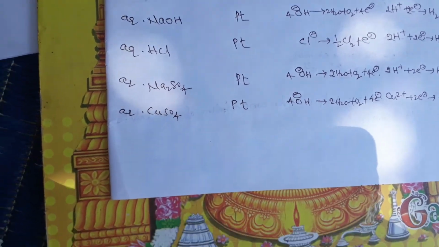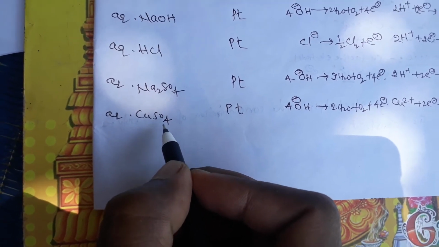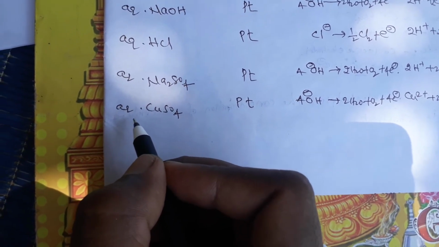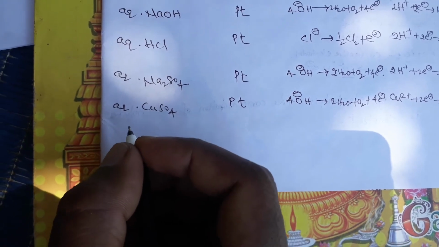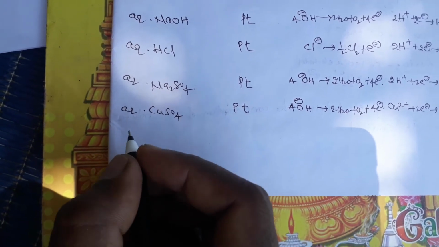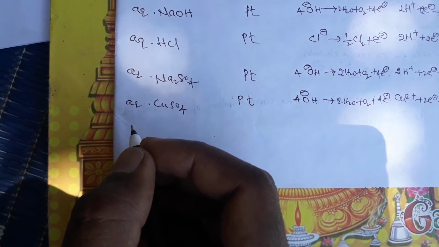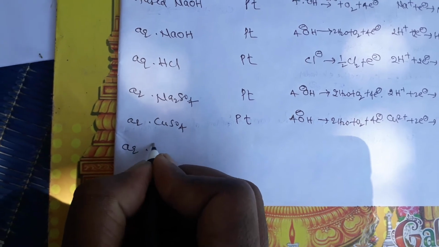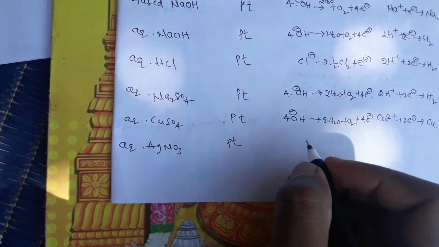Here there is competition between the OH- ions and SO4 2- ions, because it is aqueous, so H+ and OH- ions are also present. Next, here you can take aqueous AgNO3 with a platinum electrode.